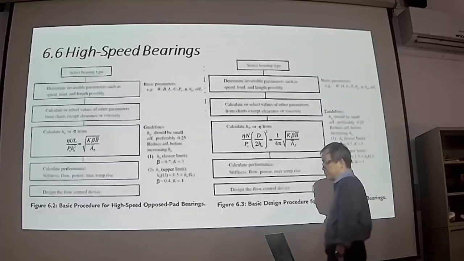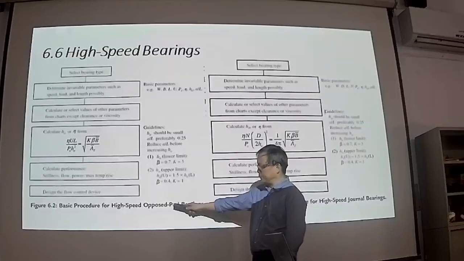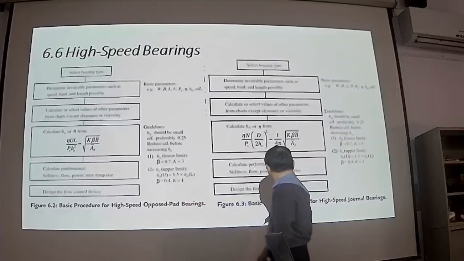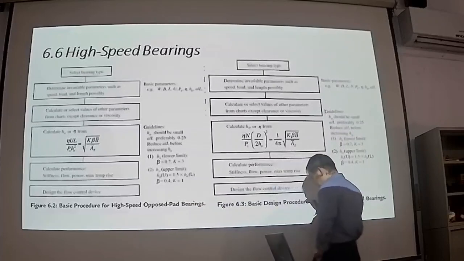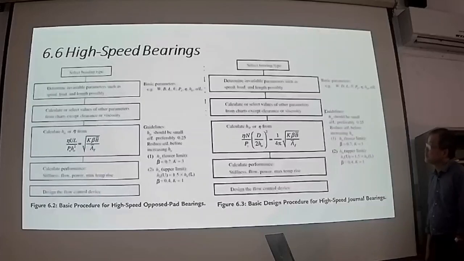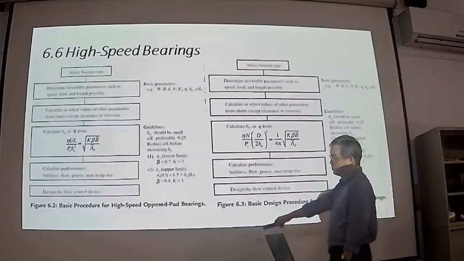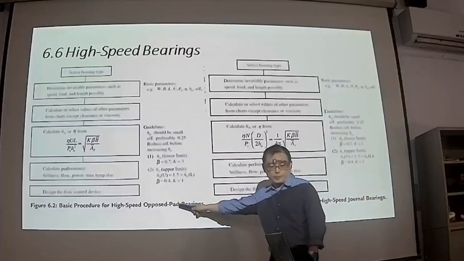One is for the high speed thrust bearing. The other one is for the high speed journal bearing. Okay. So this one is for the high speed thrust bearing.